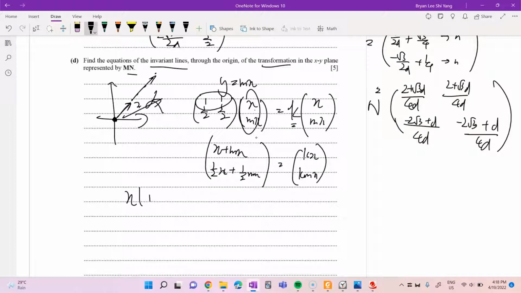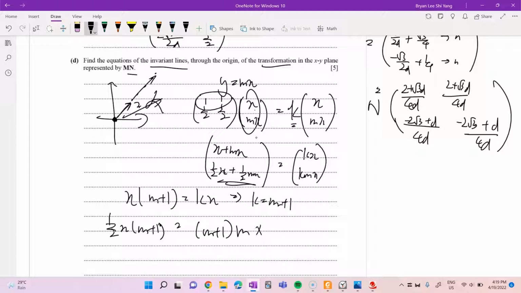Now I would have to equate this, so x times m plus 1 equals kx, and so from here I could deduce that k equals m plus 1, and then half x times m plus 1 would be equal to m plus 1 times m times x.